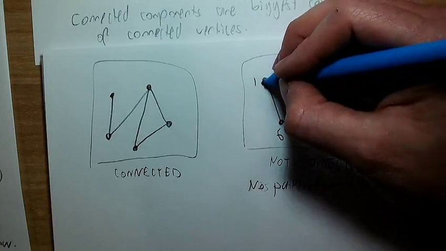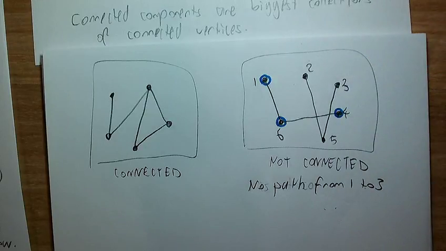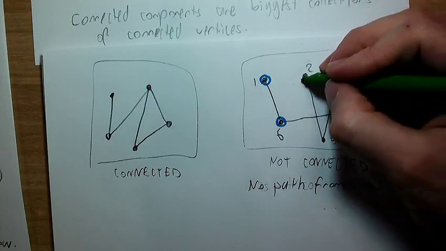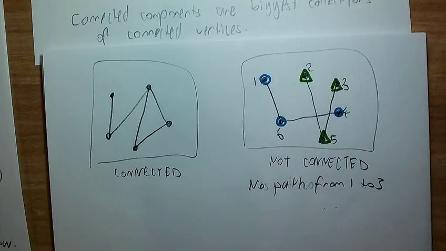We have this bit and this bit. So to find the connected components, just start anywhere and find anything that's connected to that and anything that's connected to those and colour them all in the same colour. And then do it for everything else, and they are my connected components.